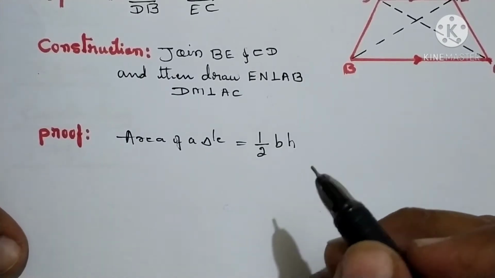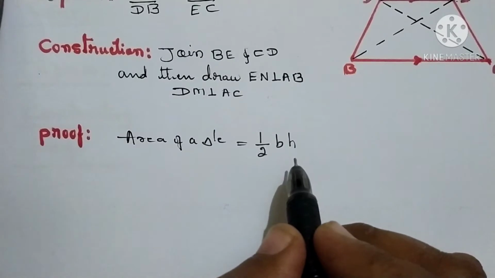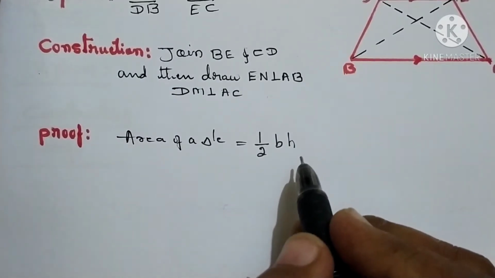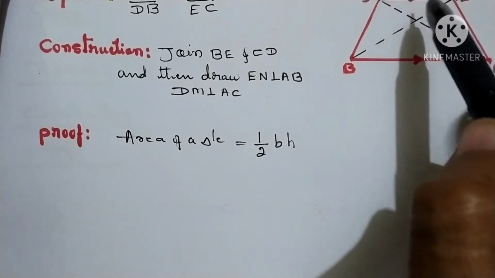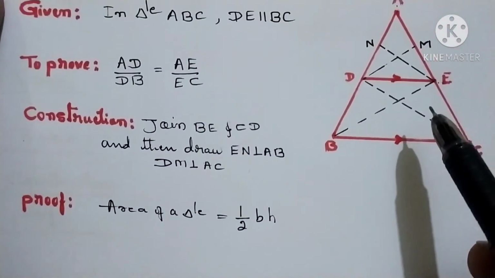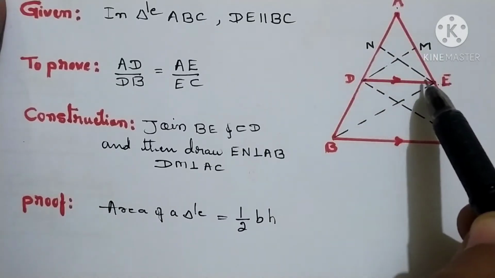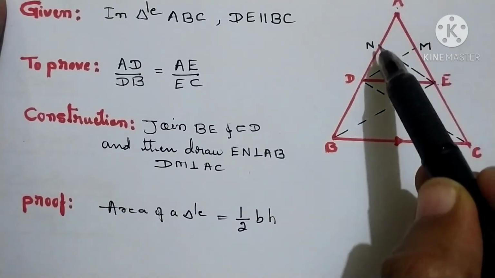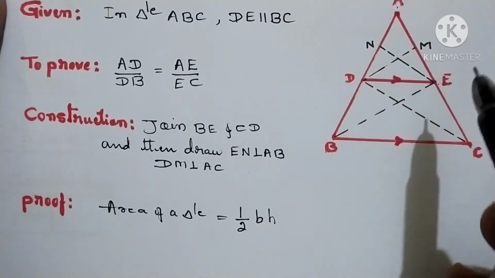This formula is there. Now what we should do? First we should take the area of triangle ADE. This triangle we will take first.